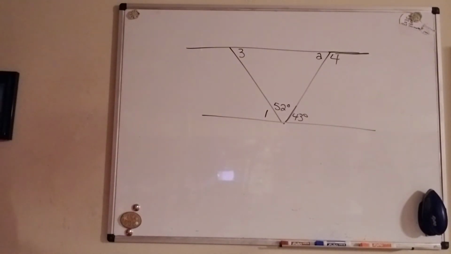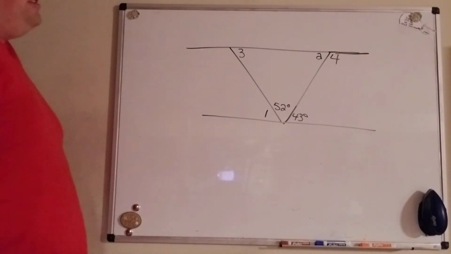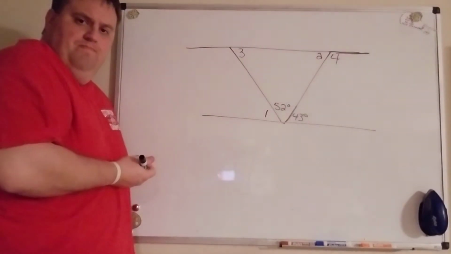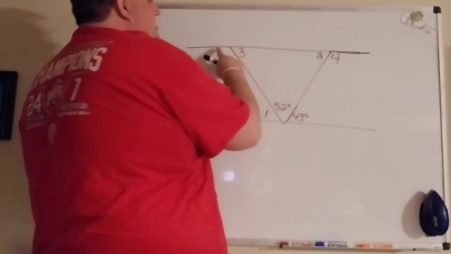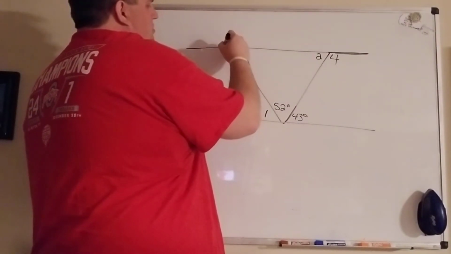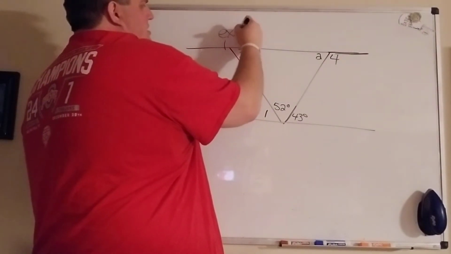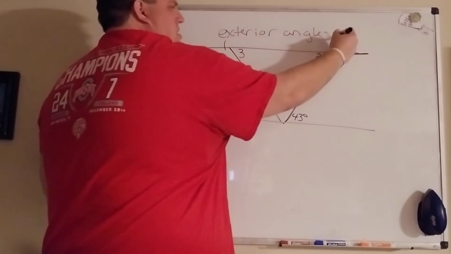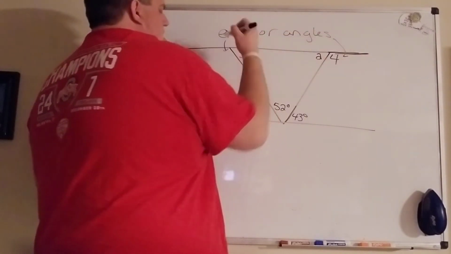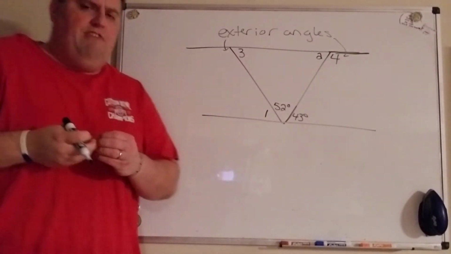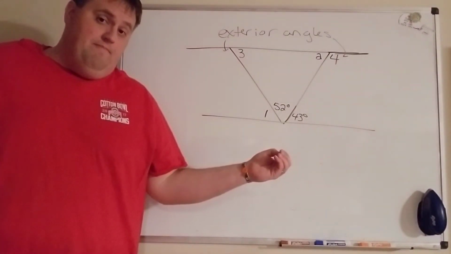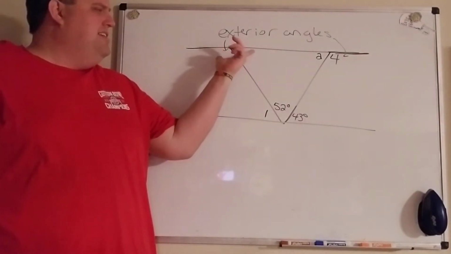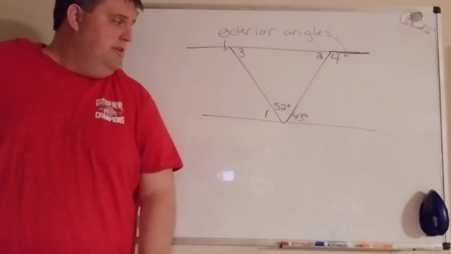Okay? So, some interesting things that I want to talk about. We have this triangle. These up here would be exterior angles. Right? Because they're basically what happens if I keep my line going. And you can see that because it's going to make a straight line with the interior angle.